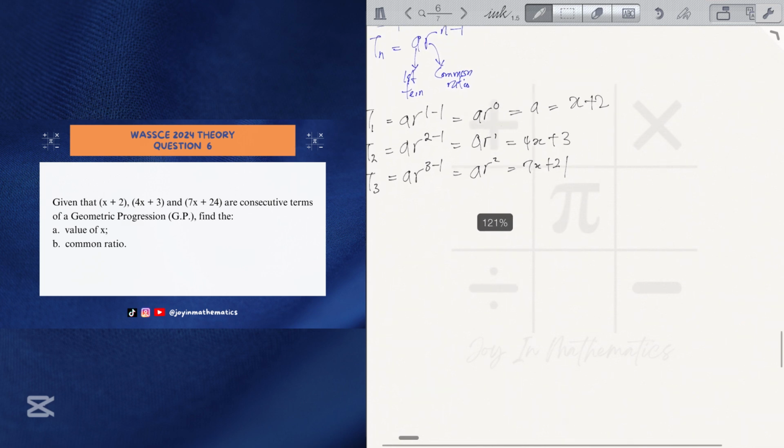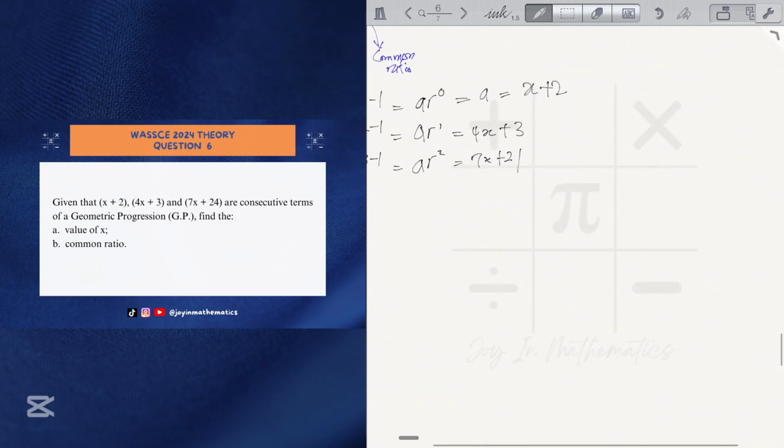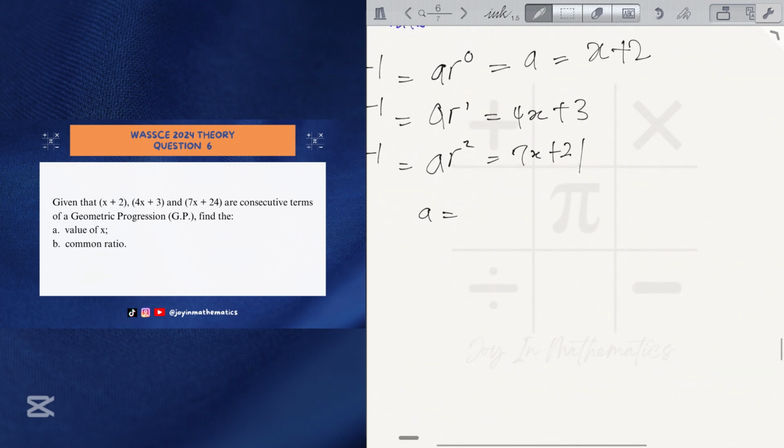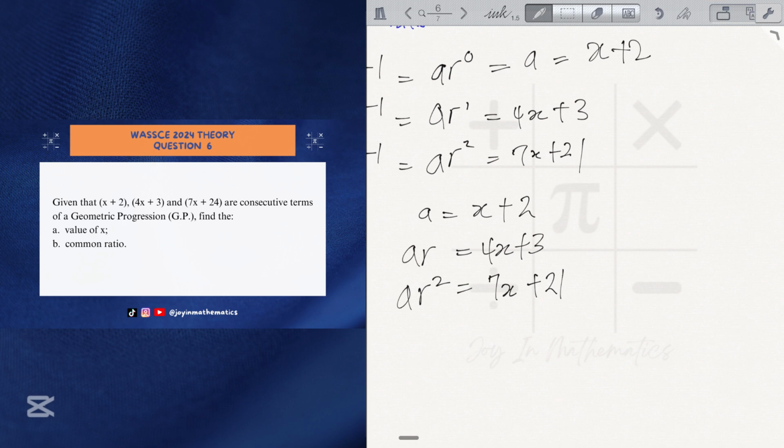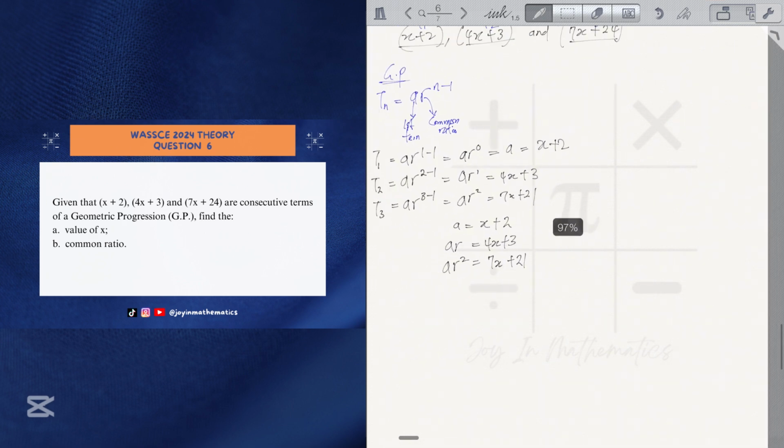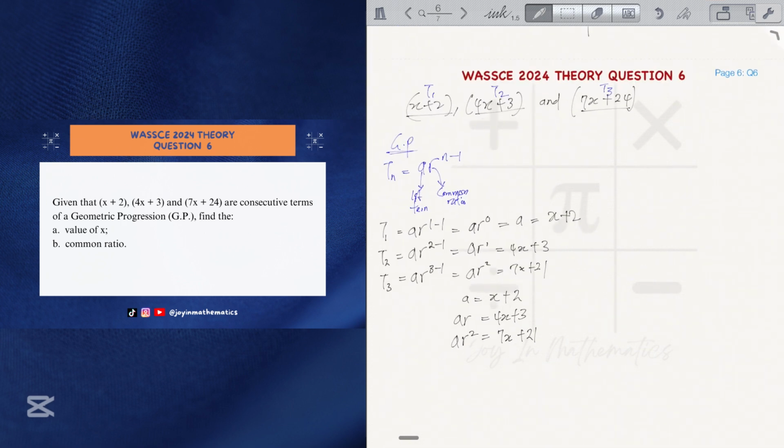So let's write out everything that we have now. The first term a is equal to x plus 2. The second term ar is equal to 4x plus 3. And the third term ar squared is equal to 7x plus 24. So we are looking for x.